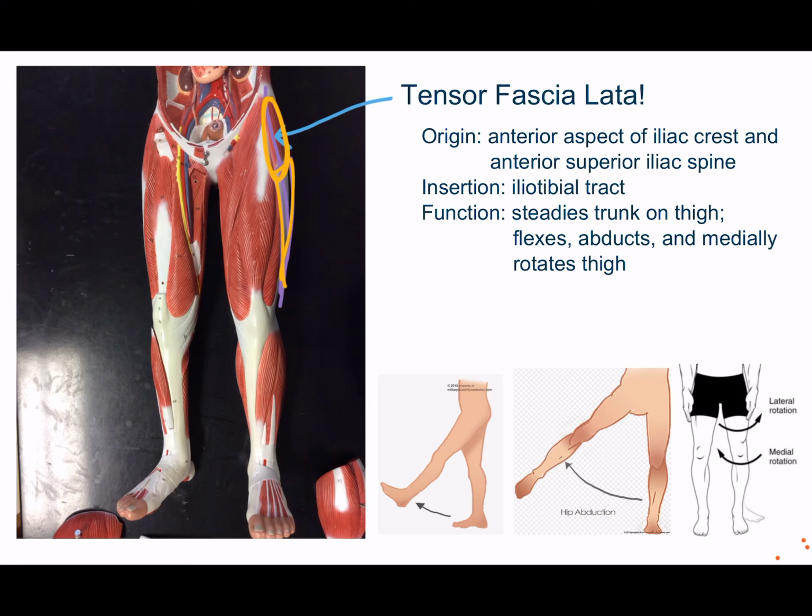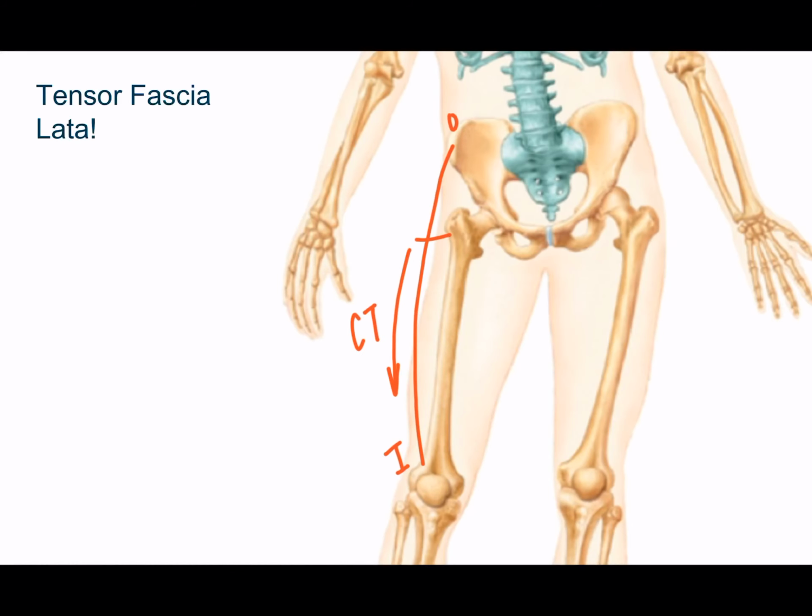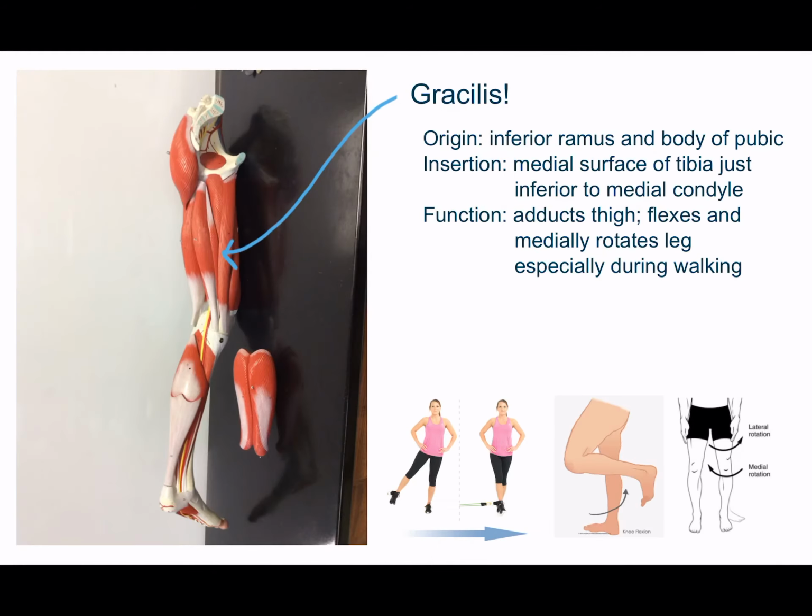It's going to insert onto the iliotibial tract, and its function is to steady the trunk on the thigh, flex, abduct, and medially rotate the thigh. All of these, very versatile. So you see here, I tried to demonstrate what would be connective tissue from here down, and here's the muscle, and it even connects to connective tissue up there. So it's really just a small little muscle that happens to be in a good spot.